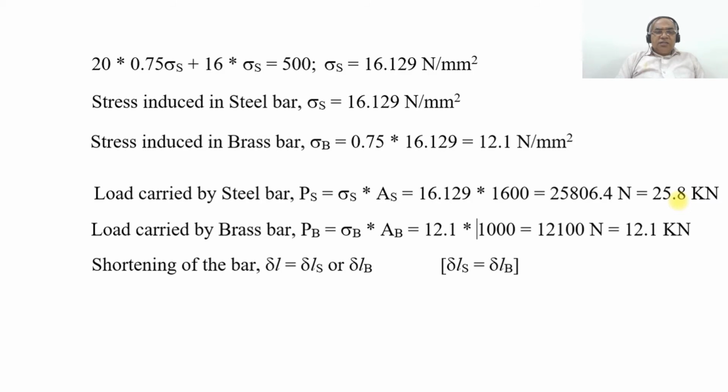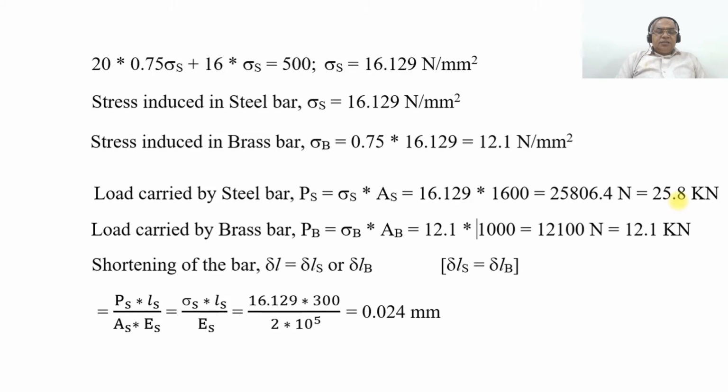So what is the shortening of the bar? Because as the load is applied from the top, therefore you are going to get the compression. So we know that the compression in the steel bar is equal to compression in the brass bar. Therefore, it will be PS into LS by AS into ES, which is equal to sigma S into LS by ES.